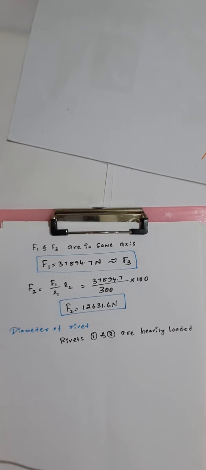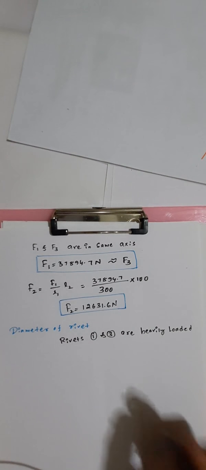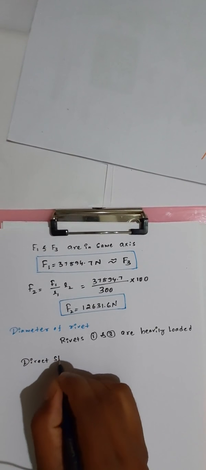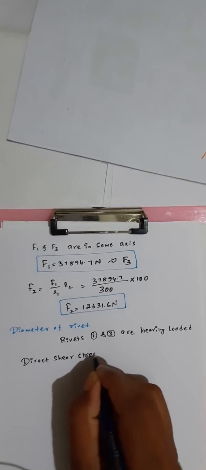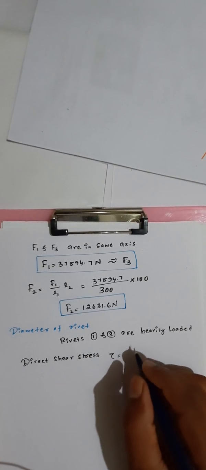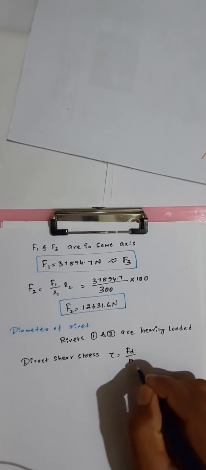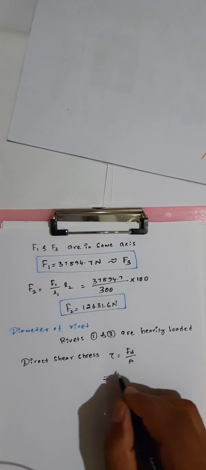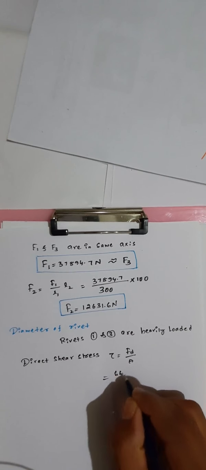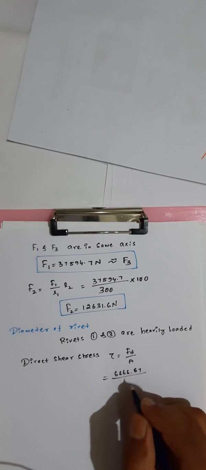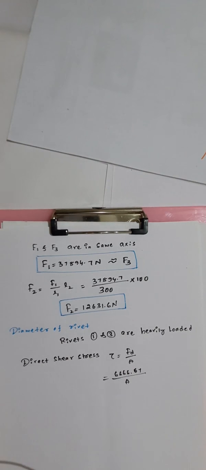So the direct shear stress tau is equal to Ft divided by A. We can substitute the value. We know the value of Ft, that is 6,666.67 newtons, divided by, we don't know the value of area, so substitute as it is.